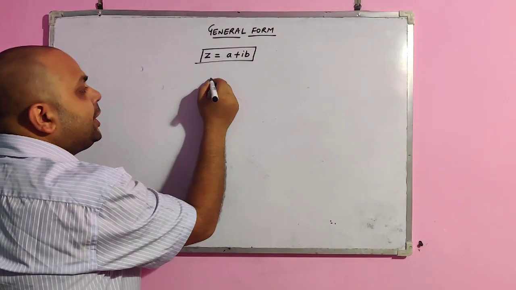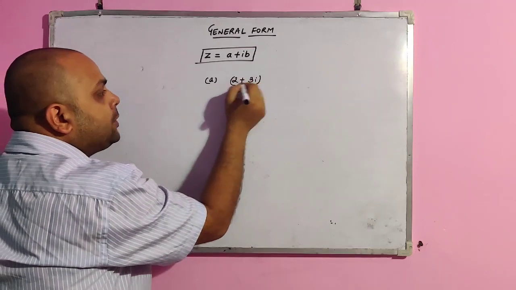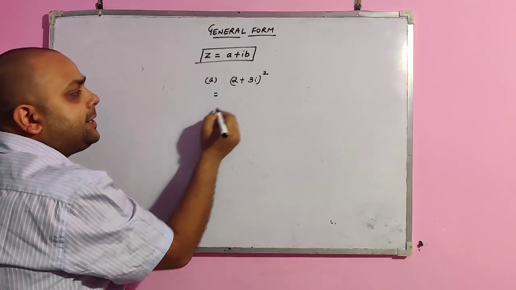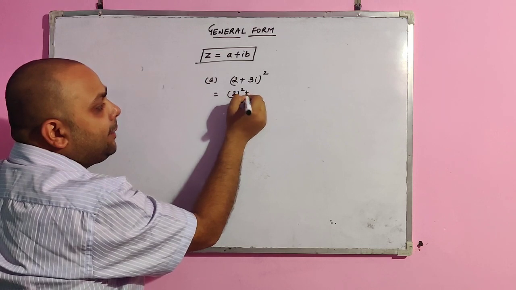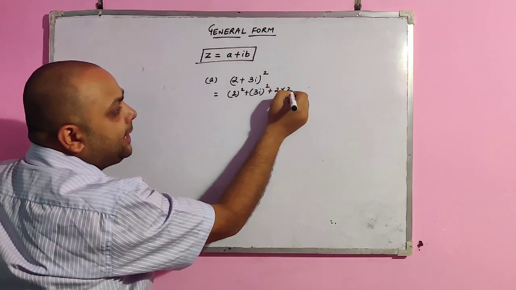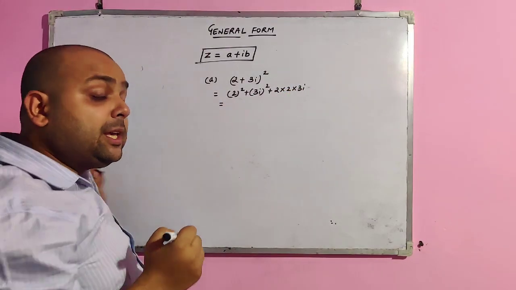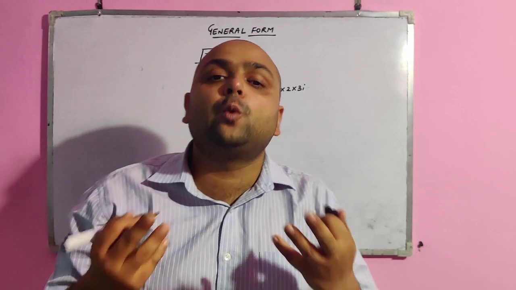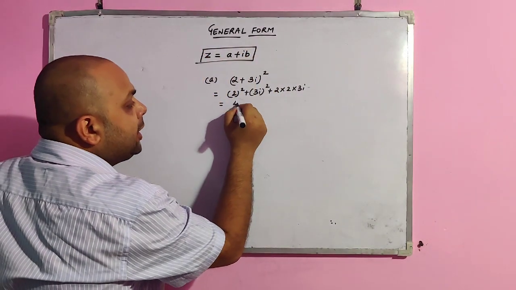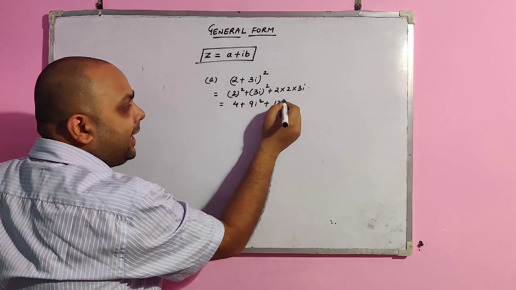If we have a question (2 plus 3 iota) whole square, this can be written as a square plus b square plus 2 multiply a into b. The formula here we are using is (a plus b) whole square. So this is 4, this is 9i square and this is 12i.